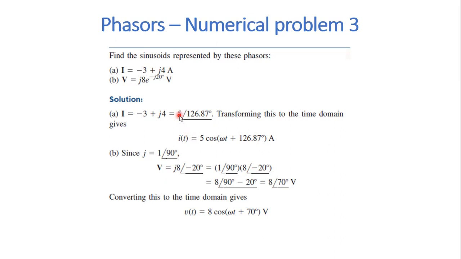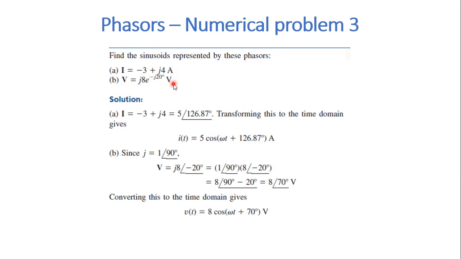So Im value is 5, 5 cos omega t. We don't know the frequency here, and the phasor representation, as we know, is independent of frequency, so we will write the frequency as omega here, plus the phase angle 126.87. So this is the equivalent time domain representation for this phasor.